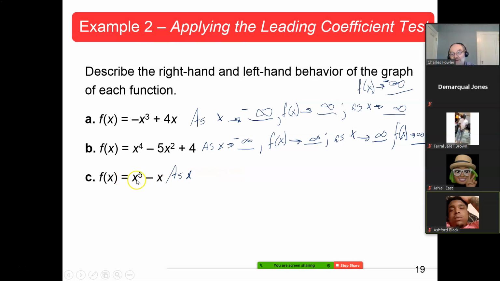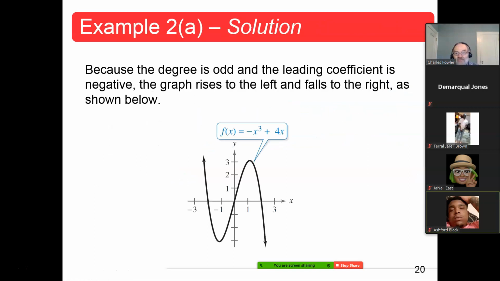When x goes to positive infinity, a very, very large positive number, then f of x is a positive number raised to a big power, which is going to be positive as well. So as x goes to negative infinity, f of x goes to negative infinity. As x goes to positive infinity, f of x goes to positive infinity. That's what we have. Let's see what they do.